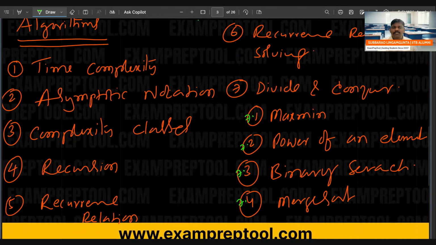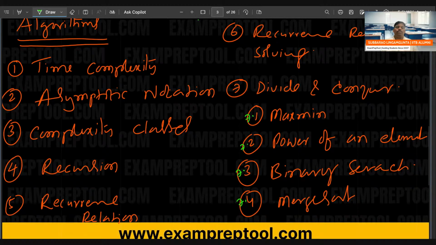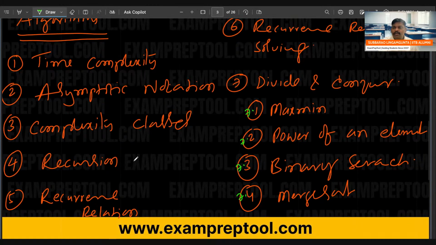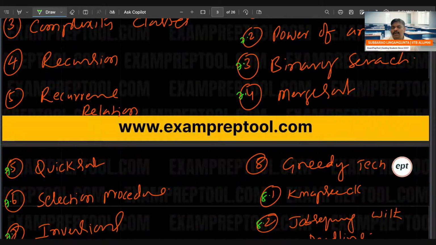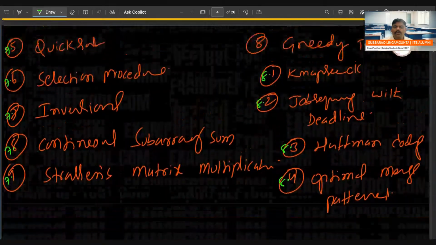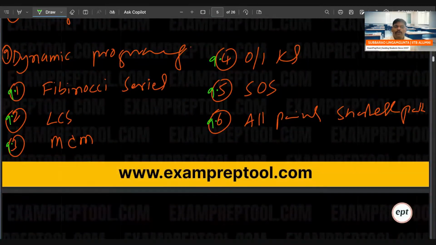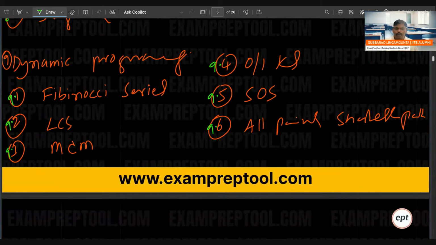I gave the total syllabus: time complexity, asymptotic notation, complexity classes, recursion, recurrence relation, recurrence relation solving, divide and conquer, greedy technique, dynamic programming. If you observe clearly, there are about 40 topics in the algorithm.